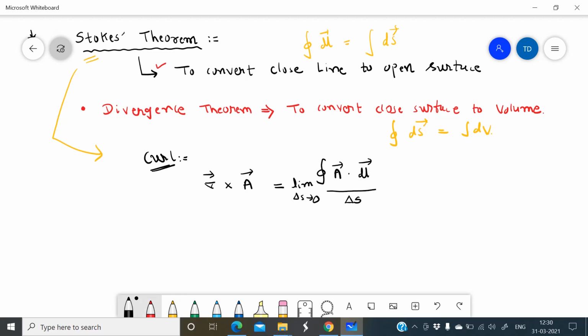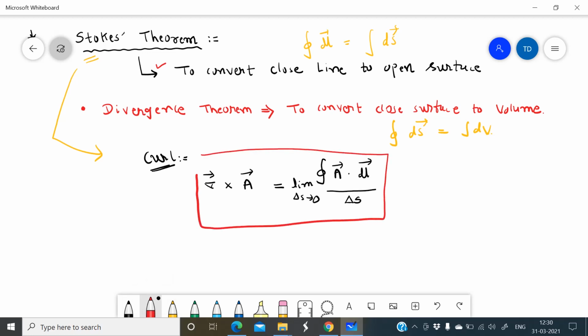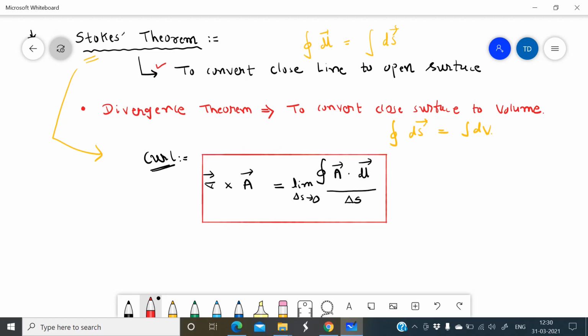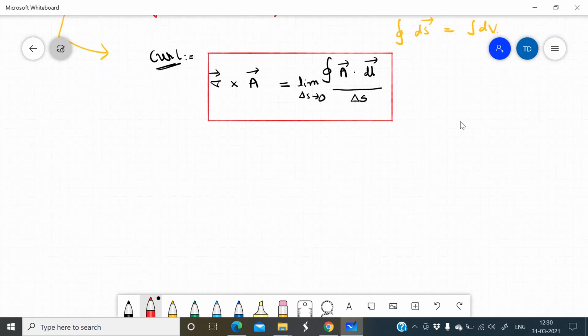You have to remember the definition of curl: the curl of any vector quantity is equal to the closed line integration of that vector quantity when the surface tends to 0. Based on this definition, we can replace vector A with H, our magnetic field intensity.